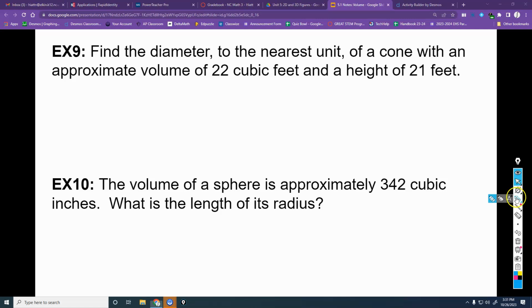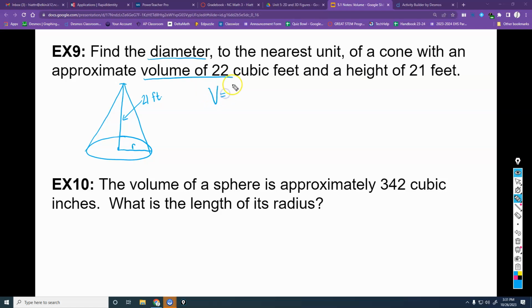We've got a cone, and we've got a height of 21 feet. It asks for the diameter, but really if we could just find the radius here, then we could just double that to get the diameter. But we don't know what the radius is. We do know the volume, so you're going to have to kind of work backwards on this.